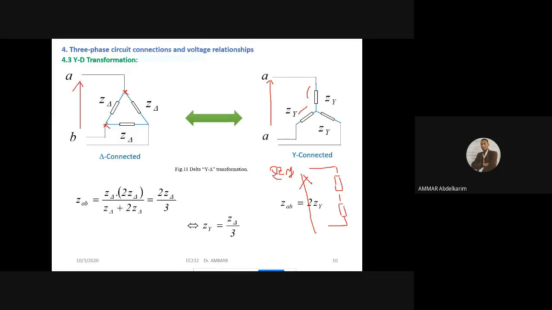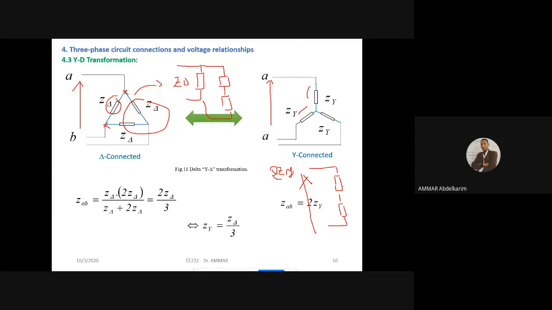While here we have what? We have this one in parallel to those two. So when we simplify this circuit, it becomes Z delta, and here we have two Z delta in parallel.